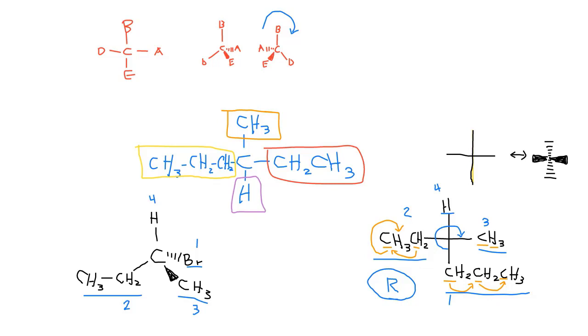So if I'm drawing my arrow to try to determine if it's R or S, once again, I'll start with the highest priority group. I'll go to 2 and then I'll go to 3 and I'll ignore 4. Now this looks like it would be counterclockwise.